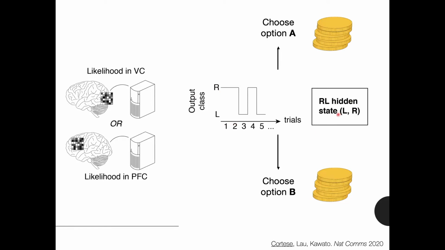So whether the optimal option is A or B depends on the output of the decoder. If on this trial the output gives a higher likelihood for, let's say, a representation of right motion, then the optimal option is to choose A. If the decoder says left, then the best option is B.